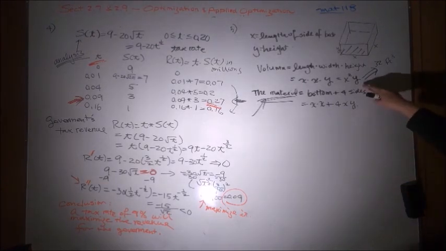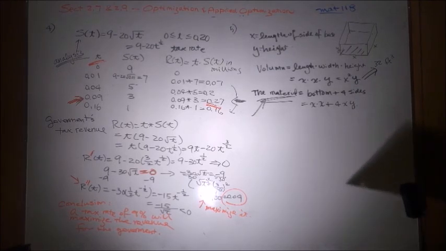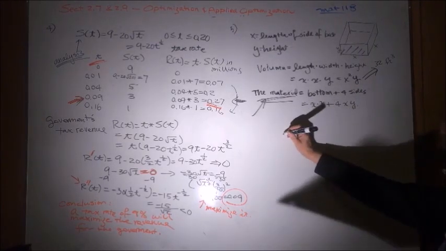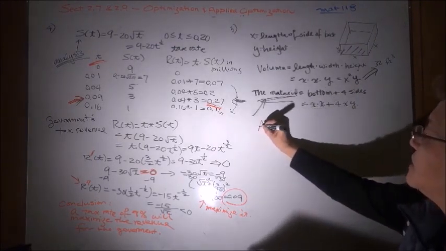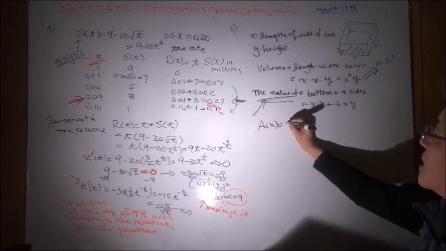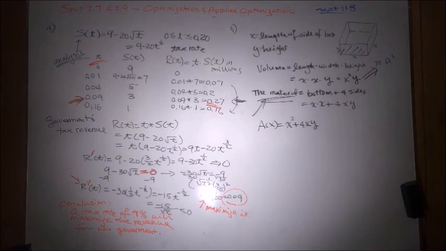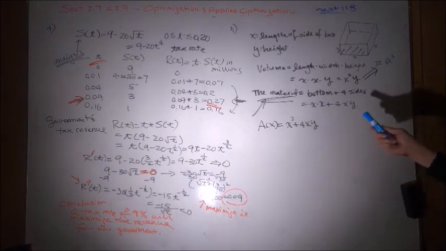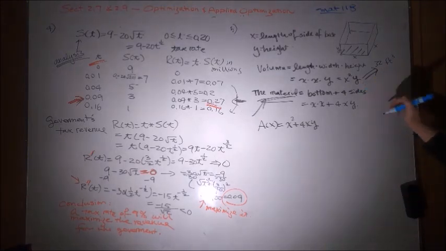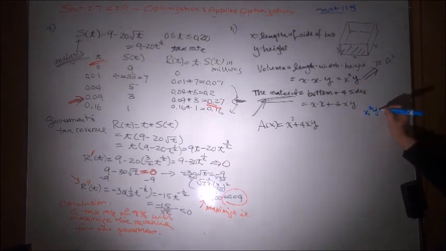But we can only use one variable. So this is the material. We say the area we want is x squared plus 4xy. But we can only use one variable. So we have to change the y into some kind of x, right? But we know x squared y total is 32.